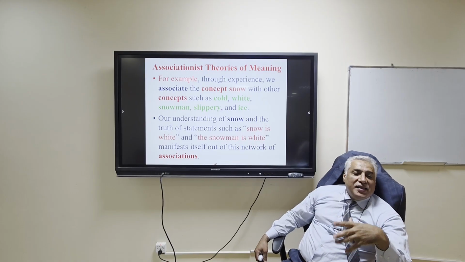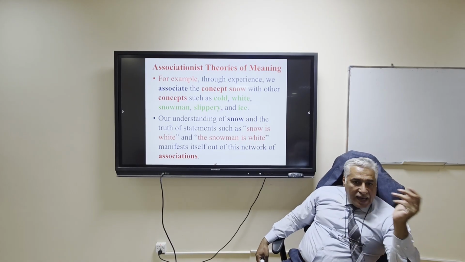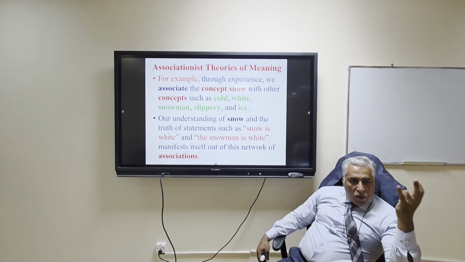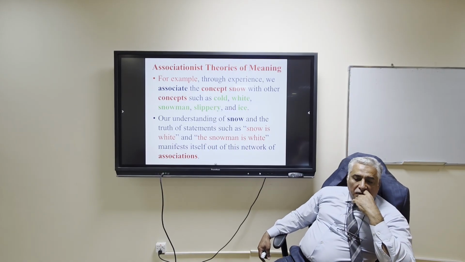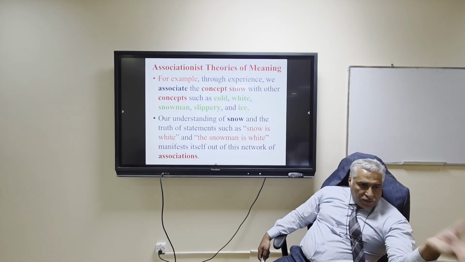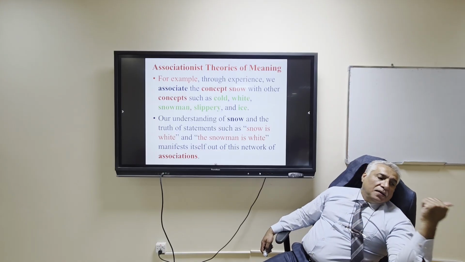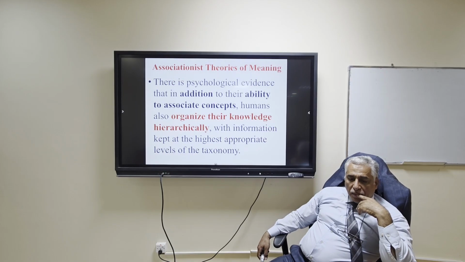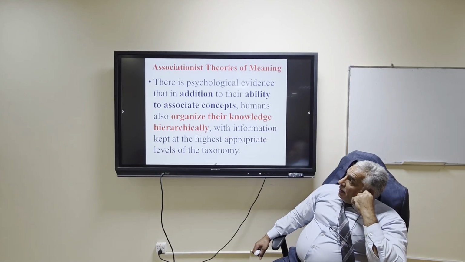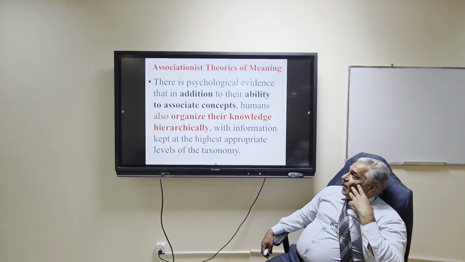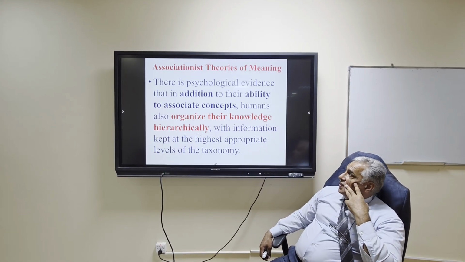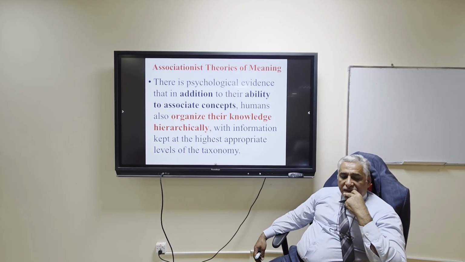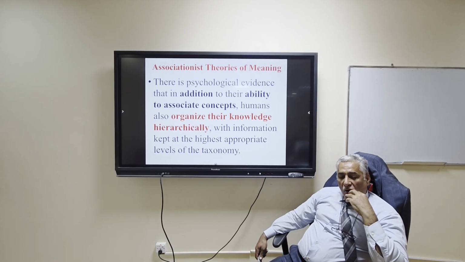This is the concept of ice. The concept consists of many objects, like snow, snowman, and other examples, and the word cold. All these belong to the concept of ice, of cold. There is psychological evidence that in addition to the ability to associate concepts, humans also organize their knowledge hierarchically, with information stored at the highest appropriate level of the taxonomy.